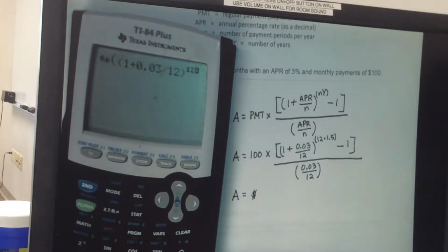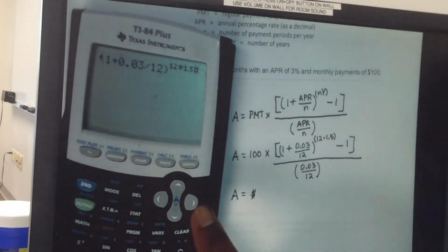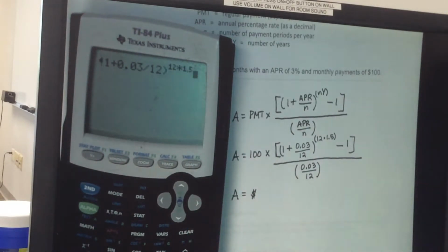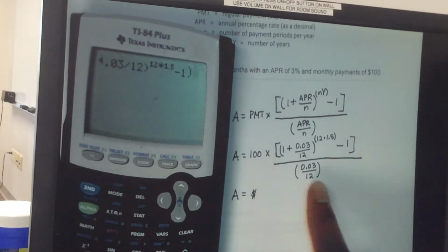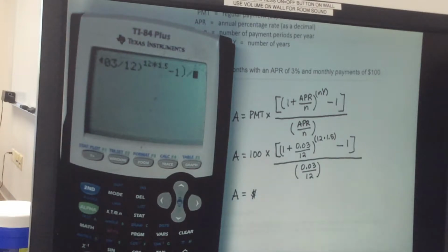We're going to do 12 times 1.25. Then I'm going to use my right arrow key to get out of that, and then minus 1, and then close parentheses. Now for the denominator, it has to be divided by, and I'm going to put that in parentheses as well. So left parentheses 0.03 divided by 12, close parentheses. And then press enter.